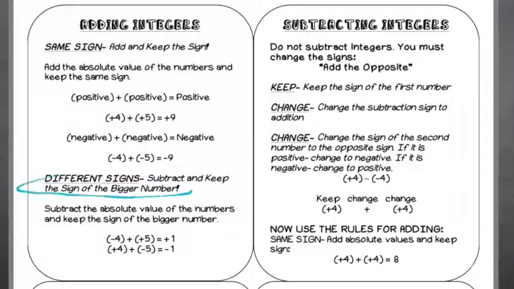So looking at this one right here, different signs. Subtract and keep the sign of the bigger number. If we're given something like this, the parentheses don't really mean much. What did the rule say? Subtract and keep the sign of the bigger number.